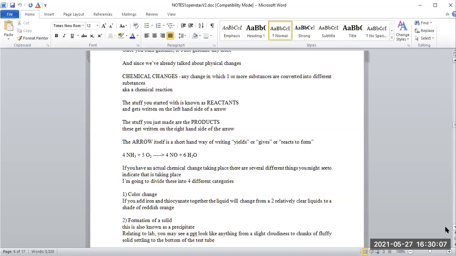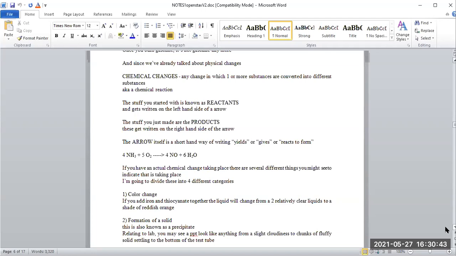And I just gave you an example there that has 4 molecules of ammonia, NH3, reacting with 5 molecules of oxygen gas. And you get some trading around, and you get 4 NOs, known as nitrous oxide, and 6 water molecules. So that's a fairly typical looking chemical equation.